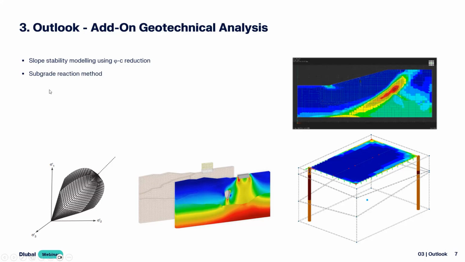Now we have the 3D analysis and the advanced half-space method. We are also working on providing the subgrade reaction method to you. It is another option to represent the soil behavior as a surface support, and it's not an iterative method.